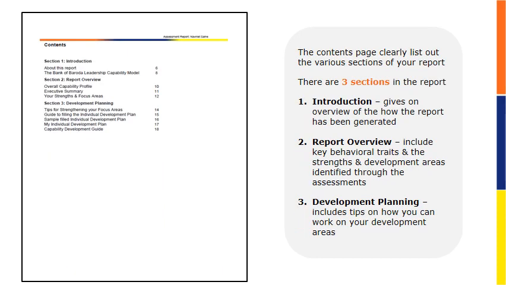Your feedback report broadly consists of 3 sections. The introduction section gives an overview of how the report has been created. The report overview includes your top strengths and development areas. The development planning section includes tips on how you can work on your development areas.